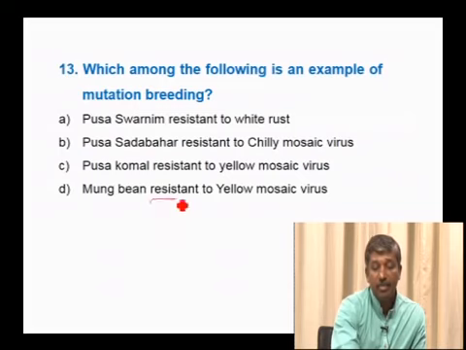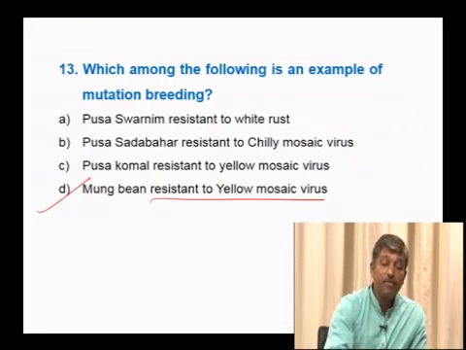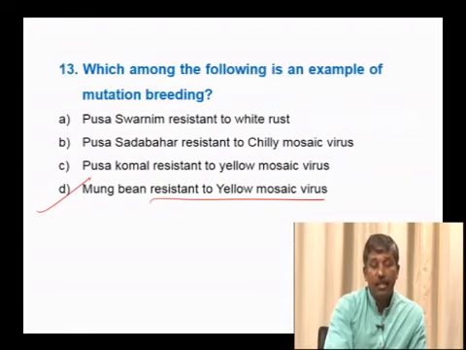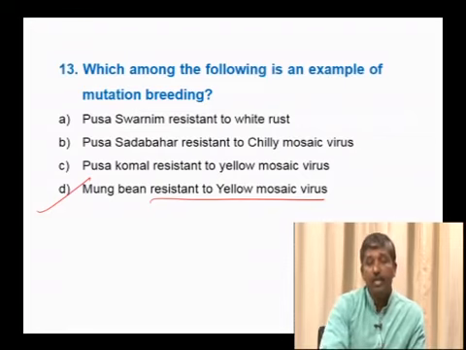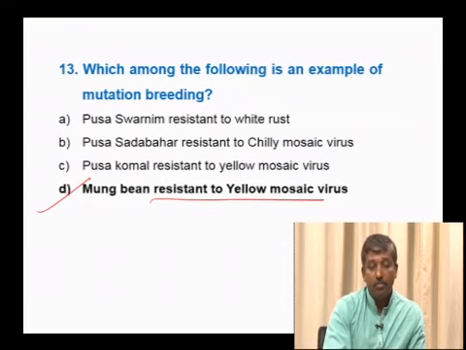Hence, the right option is D. Even Parbani Kranti is resistant to yellow mosaic virus, but the difference is it was produced by crossing with wild relatives or wild varieties.